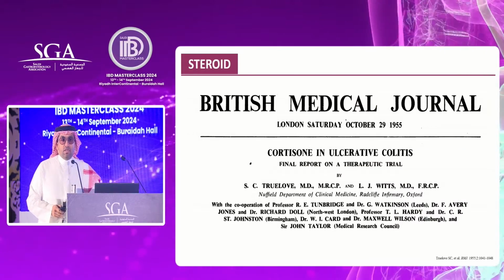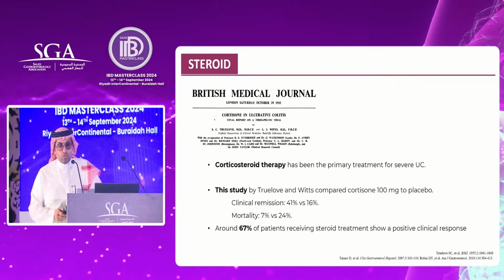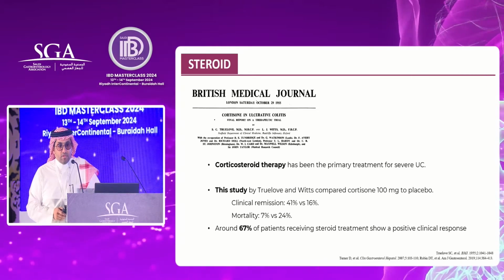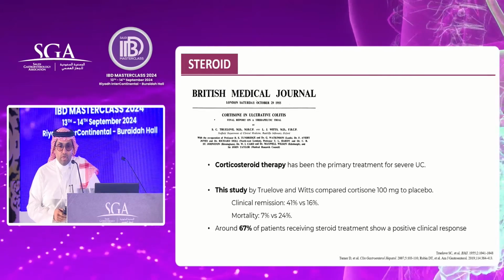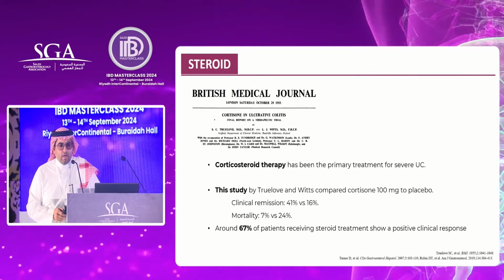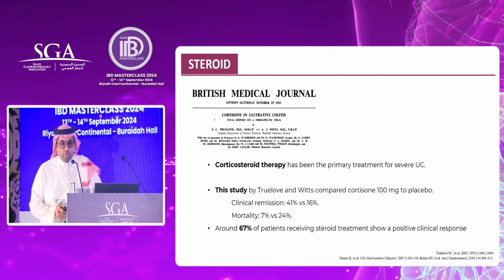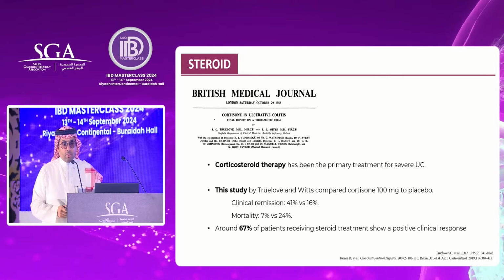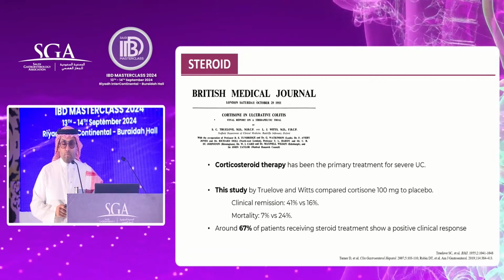So since 1955, cortisone is still the primary treatment for severe UC. And this is a small study that compared hydrocortisone 100 versus placebo. At that time it showed clinical remission in 41% compared to 16% in the placebo group, and mortality was less in the steroid group, 7% compared to 24%.